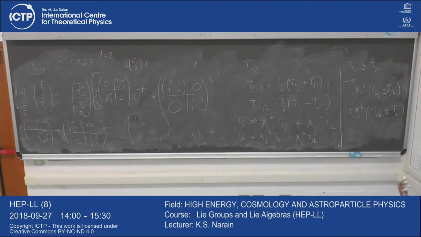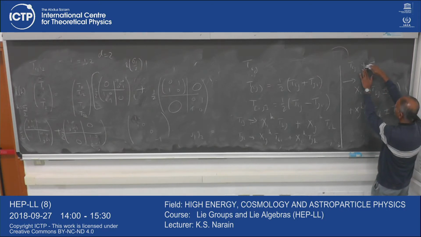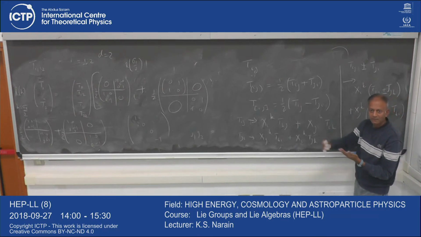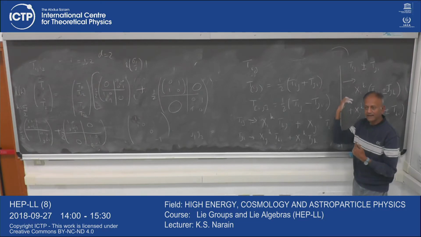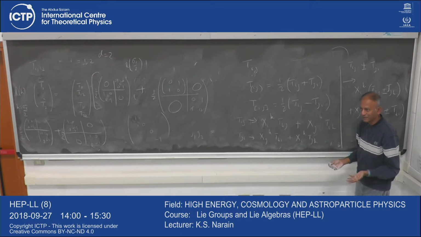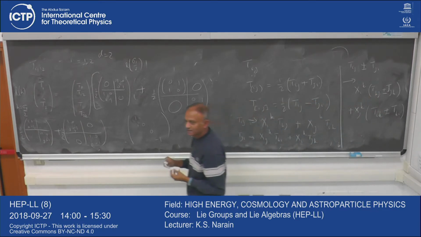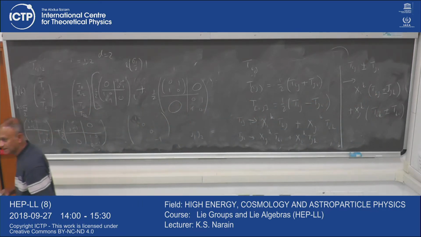So you see that the way it's happening, if I had taken the plus sign, it is only going to mix with the plus signs, right? So if I had taken the plus signs, that space will be invariant under this transformation. And similarly, if I had taken the minus sign, again that will be invariant. So that proves that this space is not irreducible. It's a reducible representation.